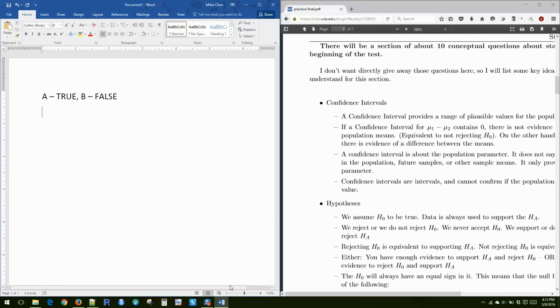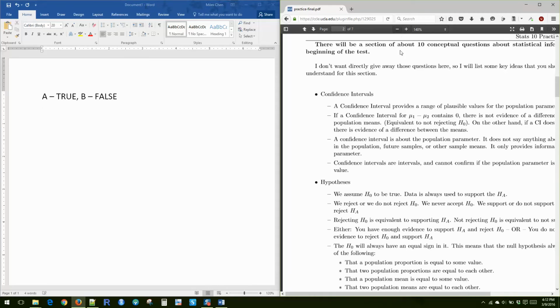Okay, so I will say, you create a confidence interval for mu, and get an interval of 1.2 to 3.5.